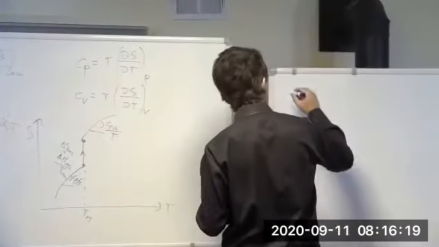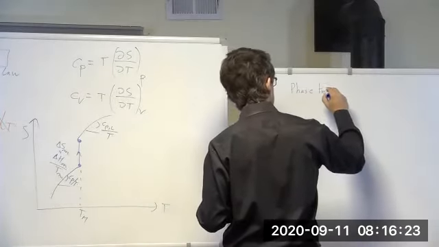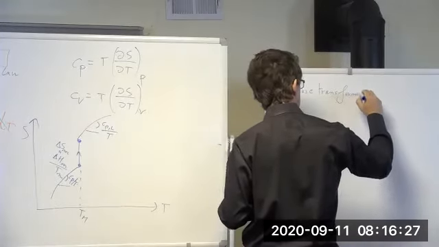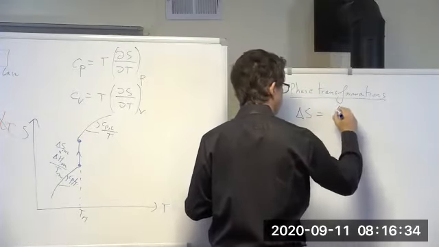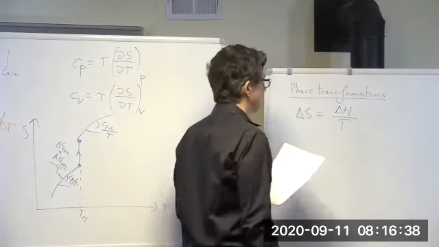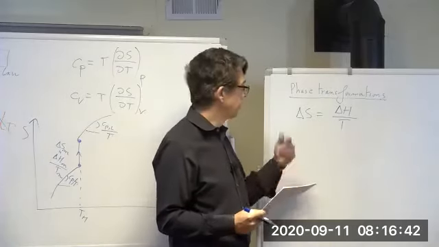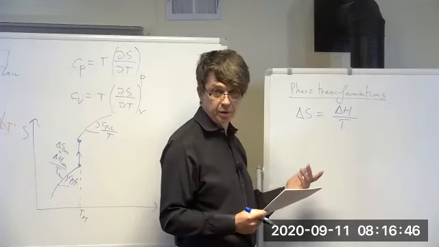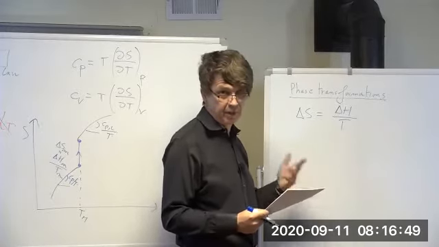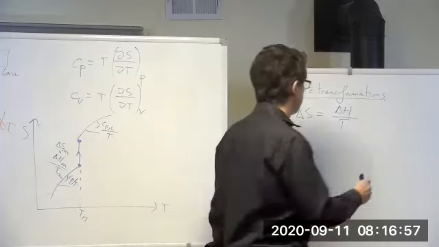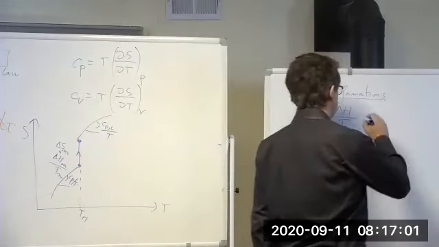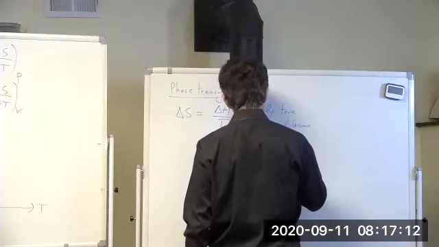So in general, at a phase transformation, delta S of the transformation is delta H of the transformation divided by T of the transformation, because S is del Q over T, so when I integrate that over the full transformation, the temperature stays constant during the transformation, for example melting or boiling, so I get delta S is delta H divided by T. This is only true when you perform it at the equilibrium conditions of the transformation.